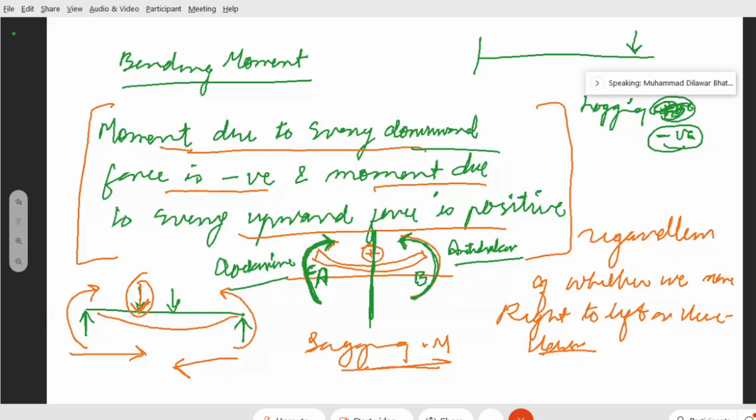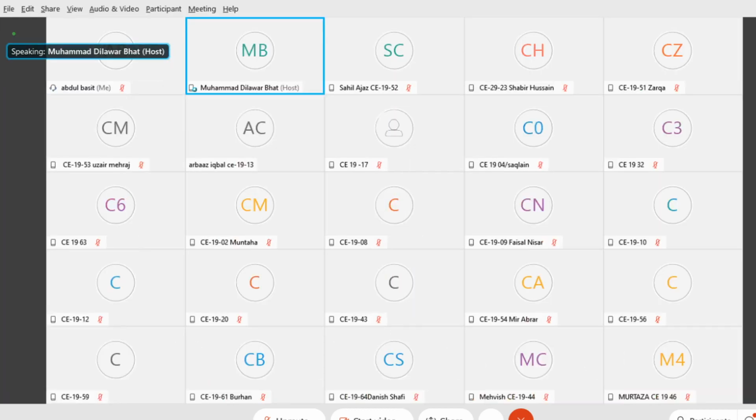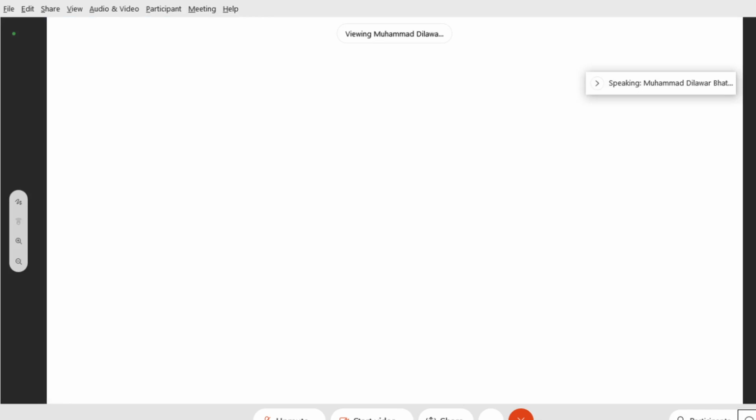That is why I mentioned that it will be the same for downward force and the same for upward force. Now let's do a problem wherein we can incorporate the method of sectioning. This is taking us a little more time, but I want you to understand it properly because this is going to help you a lot in future.